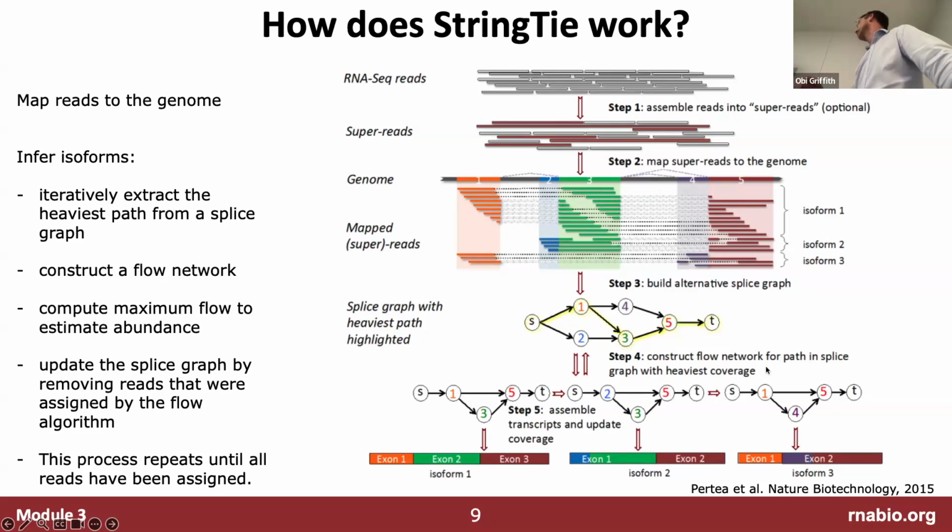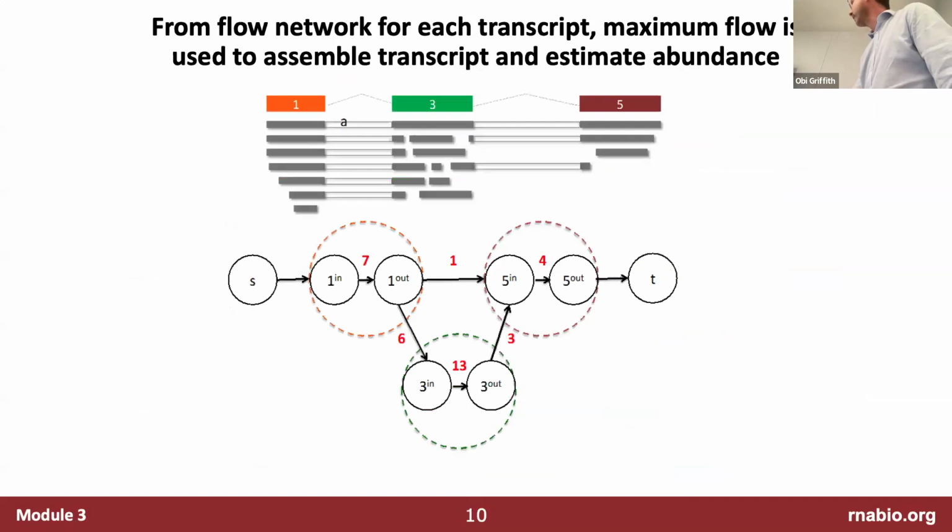And you basically look for paths of heaviest flow through this graph, and that's used to estimate the abundance of the different isoforms. And this is another depiction of that. It's sort of a cartoon example, the way we had with HISAT, where in this really simple situation you have this simple transcript that has exon 1, 3, 5 connected.